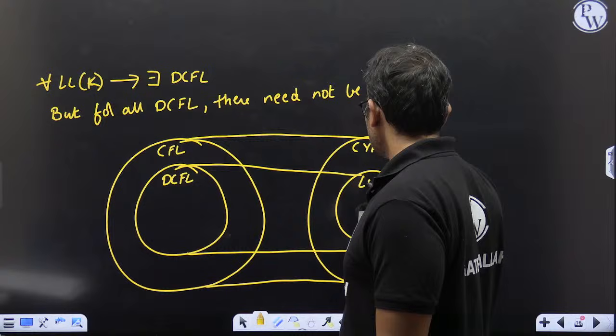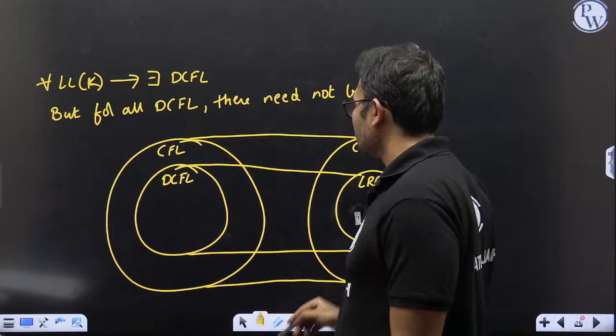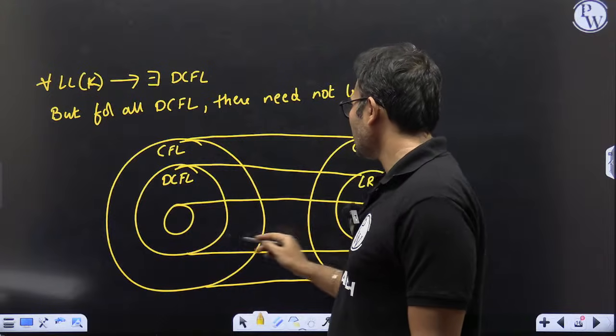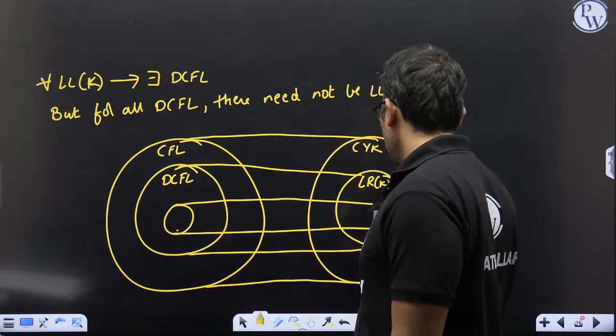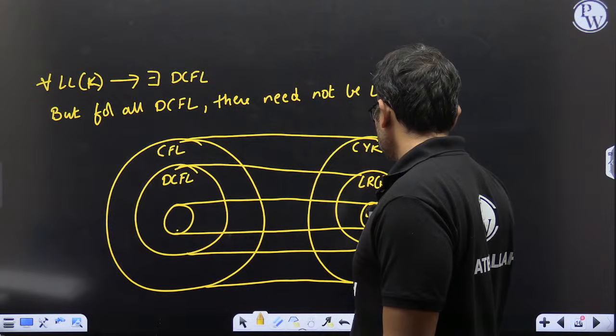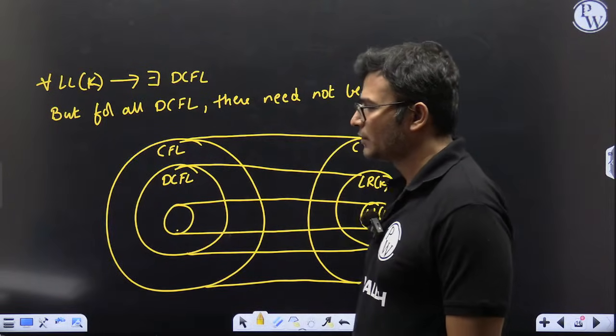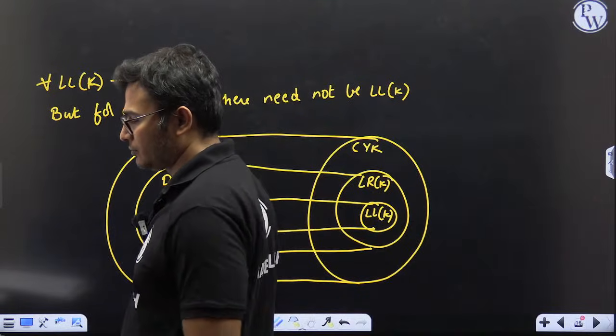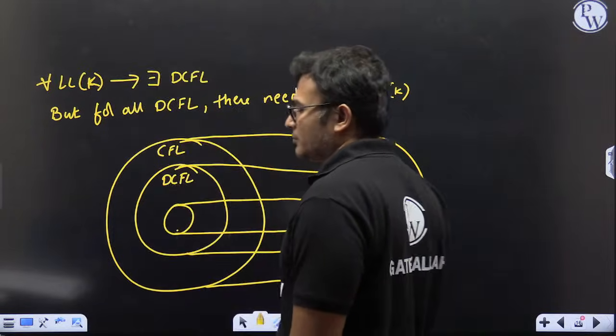For DCFL, there is LRK, but for some of the DCFLs, there is LLK. Right? So what does that mean?